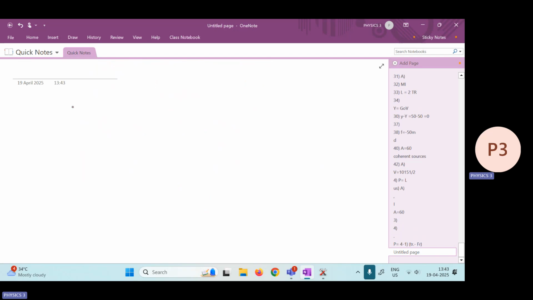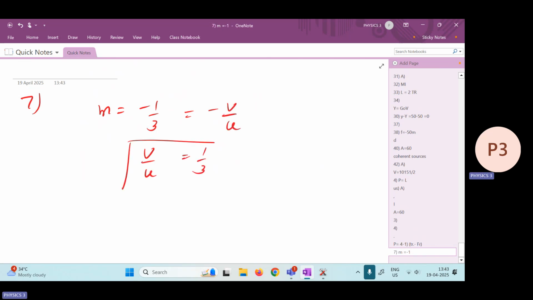The next question, the seventh one, we have given a real object placed in front of a spherical mirror that forms an image whose magnification is minus 1 by 3. So if the distance between the image and object is 30 centimeter, the focal length of the mirror is? Okay. So magnification we can write is minus v by u. So v by u comes out to be 1 by 3, right? That is the one data we have given.